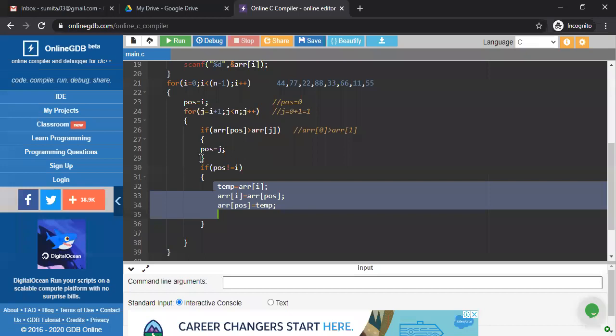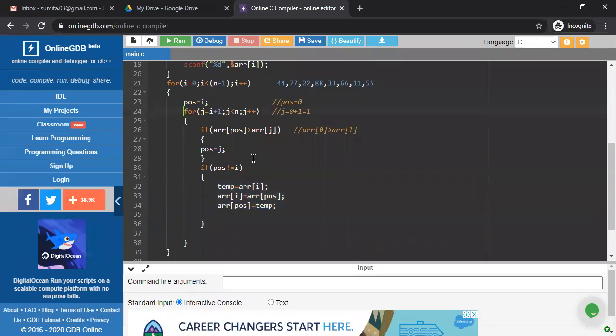Now move on to this for loop. Why am I not at this place? Because your condition has not become false yet. This is a nested for loop. Until this condition is false, you do not move on to this for loop. Now, what is the J value? J value is incremented by 1.